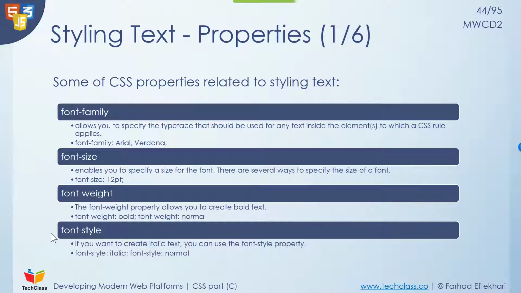So make sure to keep the presentation level and the structural layer of your web pages separate by using HTML and CSS. That's the whole point and purpose of using CSS. And here we also have font style to declare italic or normal or underline.